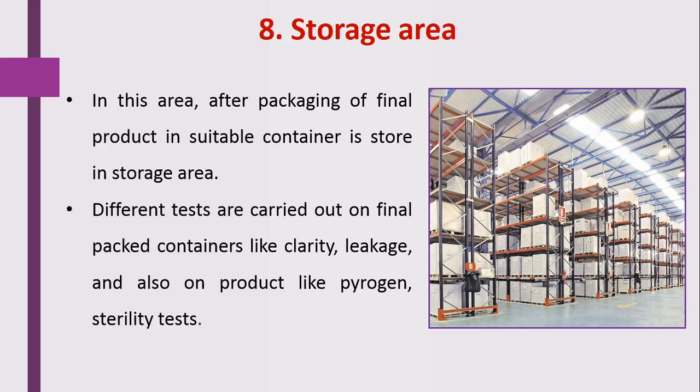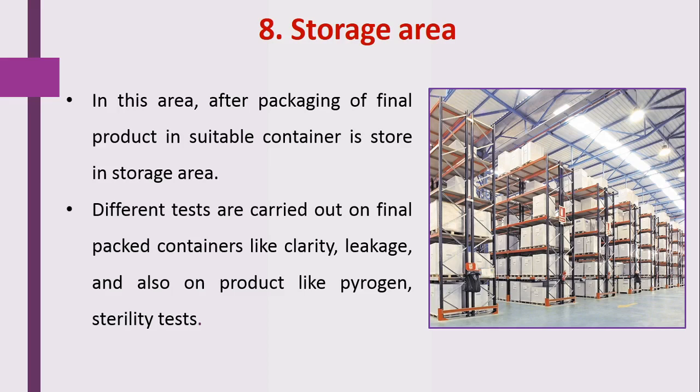So this is about the facilities required for sterile manufacturing. Eight departments are required here with different objectives. First is the raw materials storage area. Second, the cleanup area. Third, the preparation area. Fourth is the aseptic area, where filling and sealing is done.